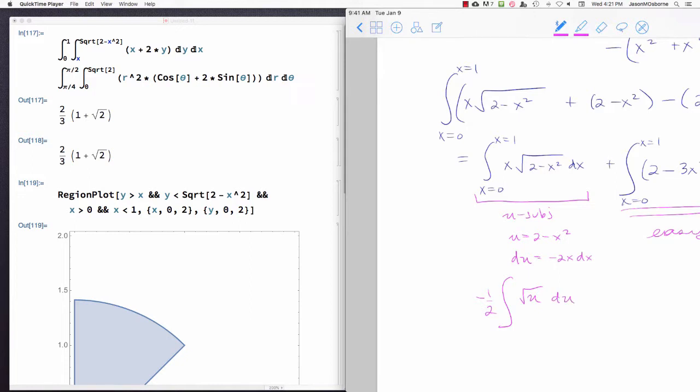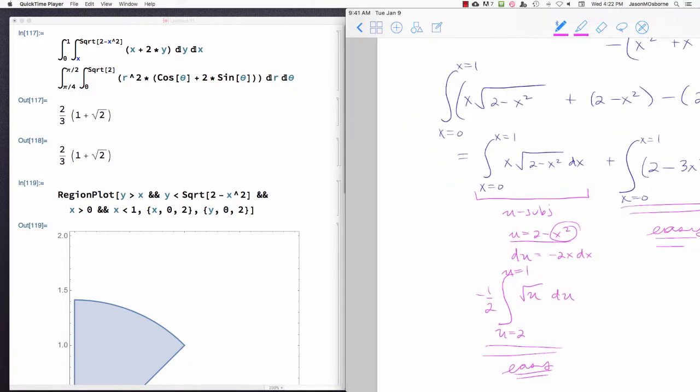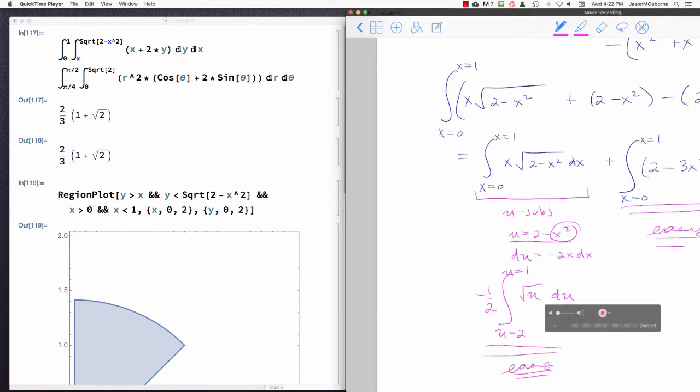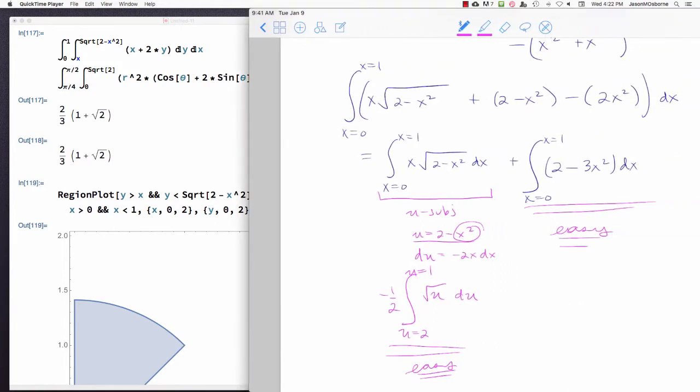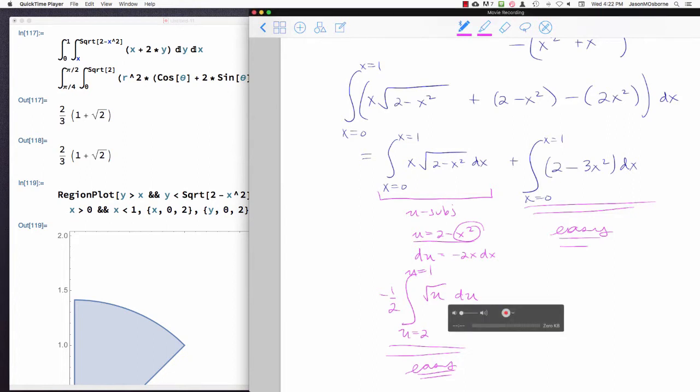And when x is equal to 0 here, u will be equal to 2, and when x is equal to 1, u will be equal to 1. And again, this is an easy integral to compute. Okay, and those integrals, when you compute them, will give you 2/3 (1 plus square root of 2).